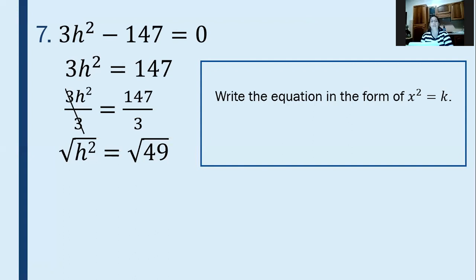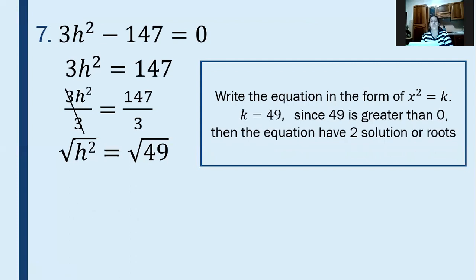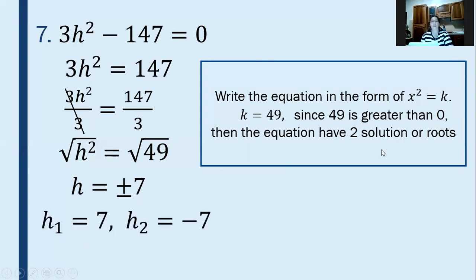Then take the square root of both sides. The square root of h squared is h, and the square root of 49 is positive and negative 7. Since k here is 49, and 49 is greater than 0, then the equation has two solutions or roots. h sub 1 is equal to 7. h sub 2 is equal to negative 7.